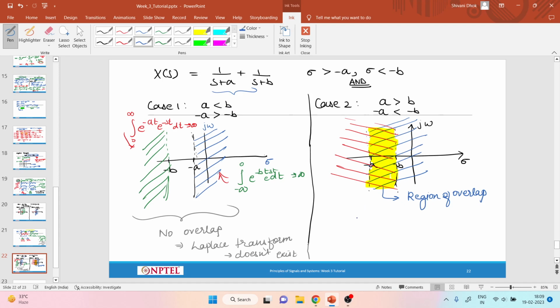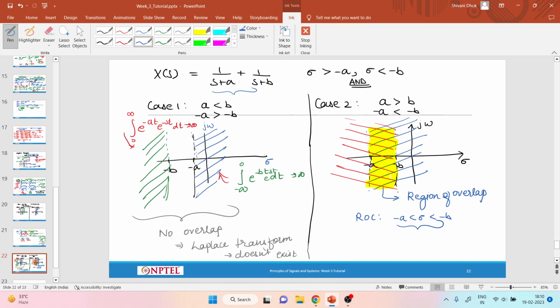And therefore your ROC in this case will be minus a less than sigma less than minus b. So this will be a region of convergence. Is this okay? So you have to be very careful while finding your region of convergence. In the region of convergence, all the terms should converge.